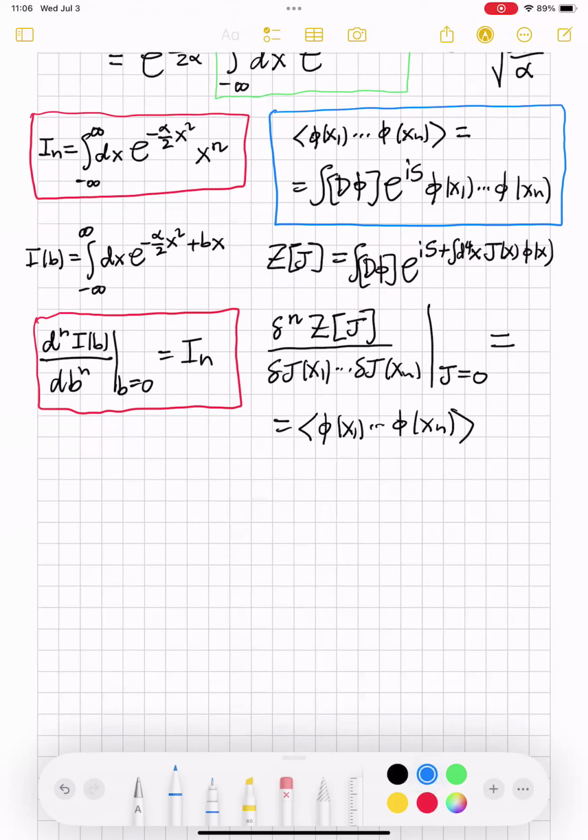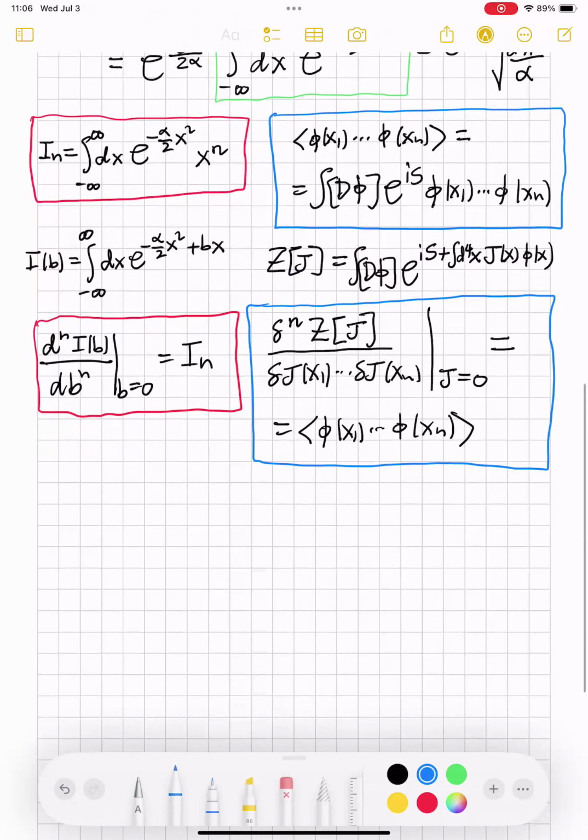This last formula I want to spend a little bit of time proving to you. But if it is correct, and I'm going to try to convince you that it is, then I hope you can see we've perfectly replicated the logic that we just used to calculate I_n, but now we're using it to calculate correlation functions in the path integral.